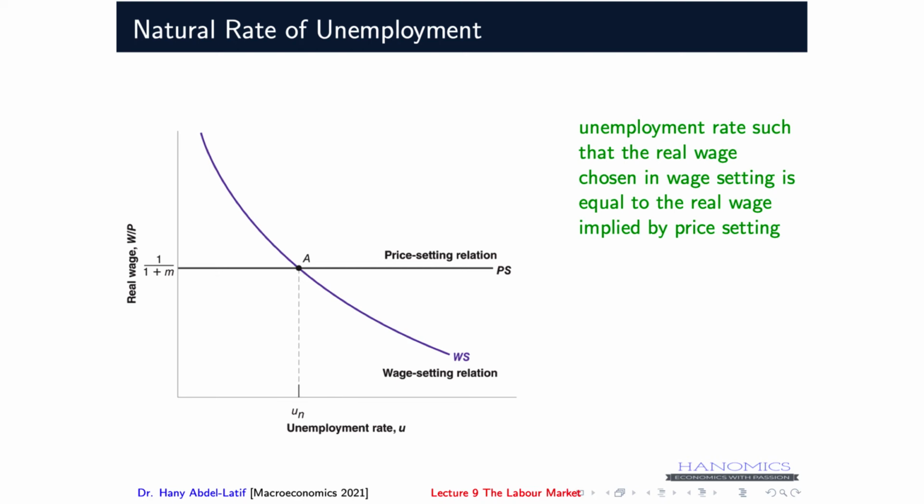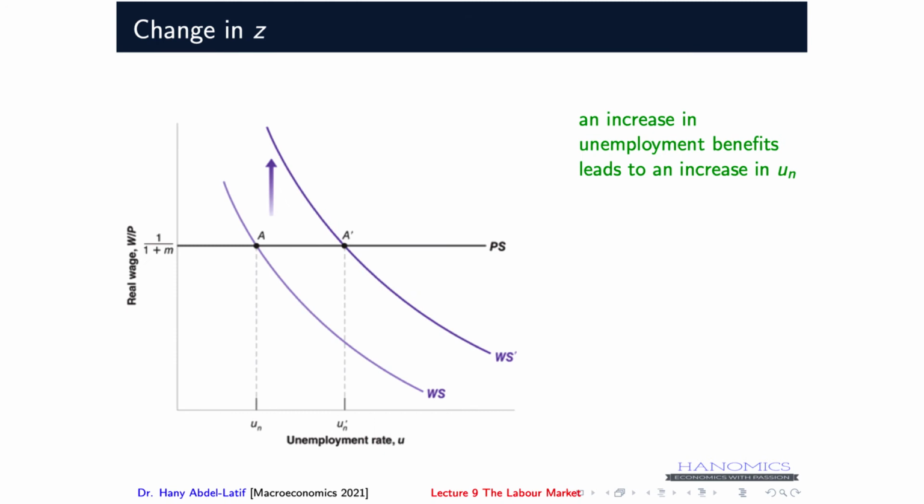Higher unemployment benefit means that curve will shift upward or to the right, and that will increase the natural rate of unemployment. Higher unemployment benefits will lead to an increase in the natural rate of unemployment from this UN to this UN prime, to this level.